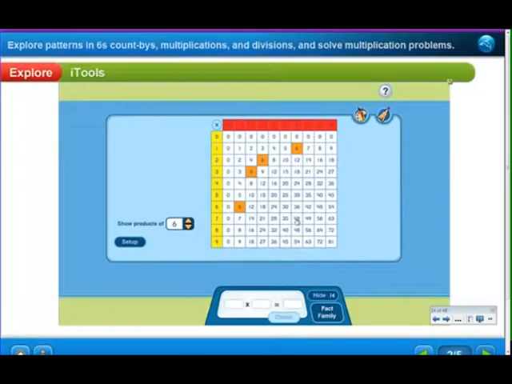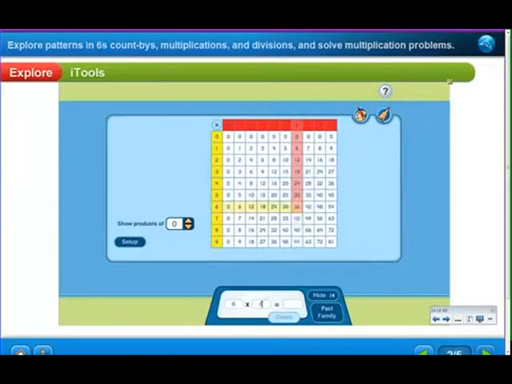If we look at products of 6, 6 times 1 is 6, and 6 times 1 is 6. We also have 2 times 3. Those are the products of 6. We already know 0 times 6, 1 times 6, 2 times 6, 3 times 6, 4 times 6, 5 times 6, and 9 times 6, because we know our 9 times tables.